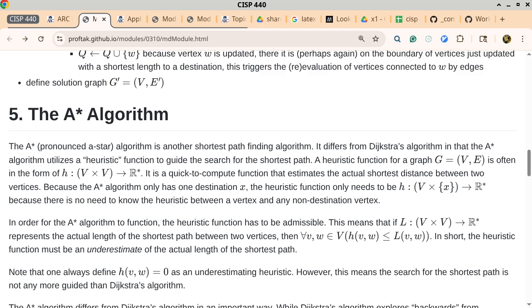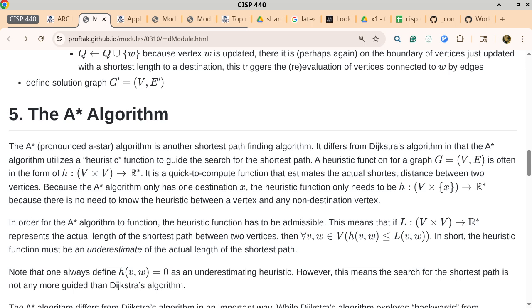So technically, the heuristic function should look like this. Okay, it is mapping the Cartesian product of vertices to vertices, mapping those tuples to the set of non-negative real numbers. Okay, so it's basically a function.